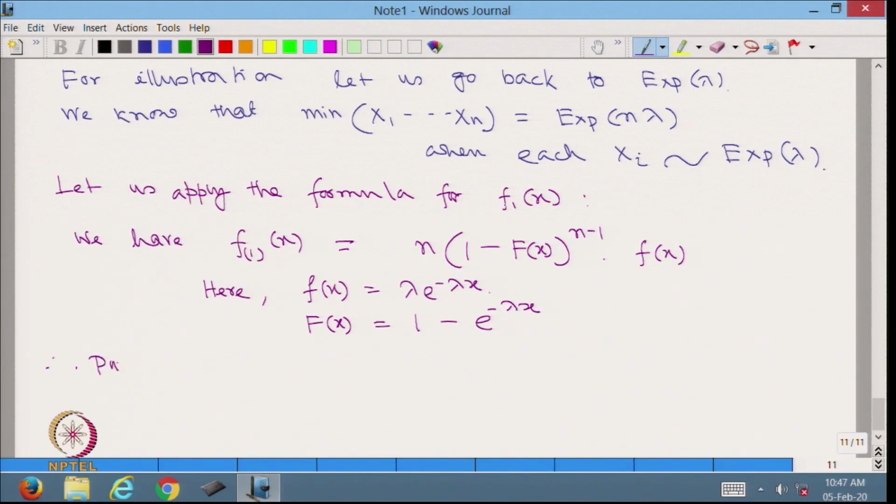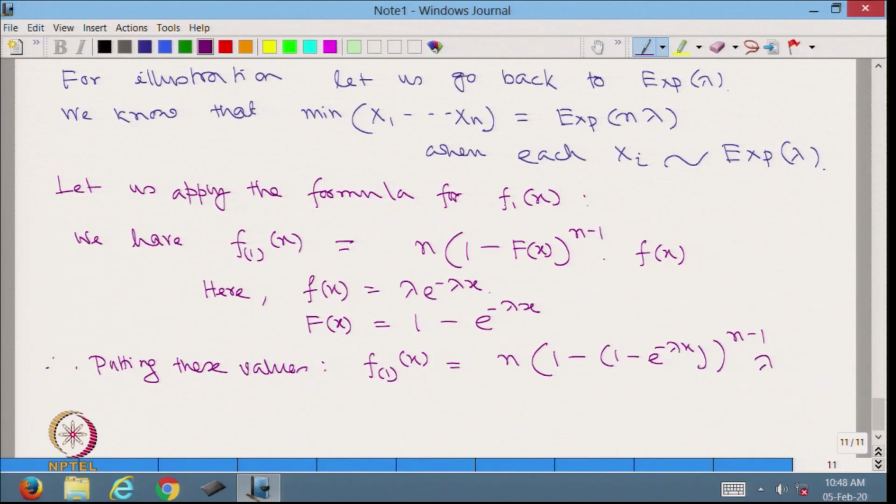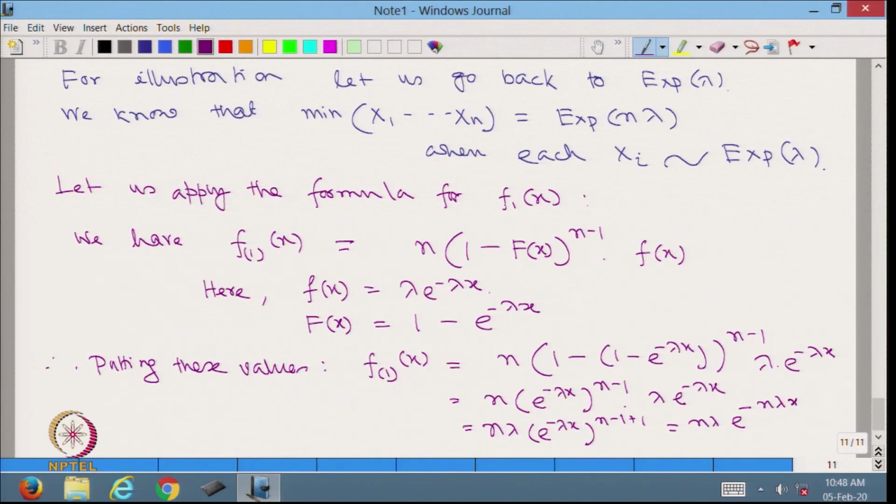Therefore, putting these values, f1(x) is equal to n into (e to the power minus lambda x) whole to the power n minus 1 into lambda e to the power minus lambda x, which is equal to n lambda e to the power minus n lambda x.